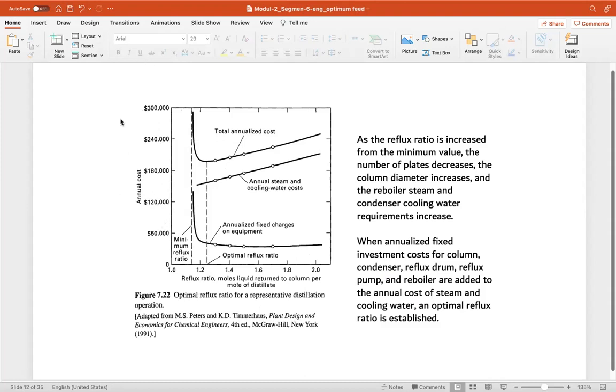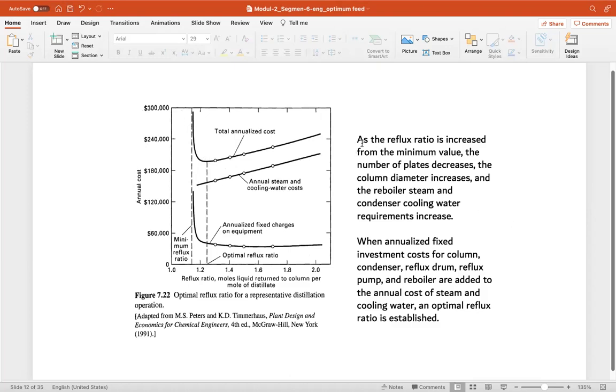This one is the annual fixed charges of the equipment. It decreases with the increasing reflux ratio, but the annual steam and cooling water also increase linearly at this time. So the annual cost is also increasing. So around 1.25 from that one there, it would be the optimum one.